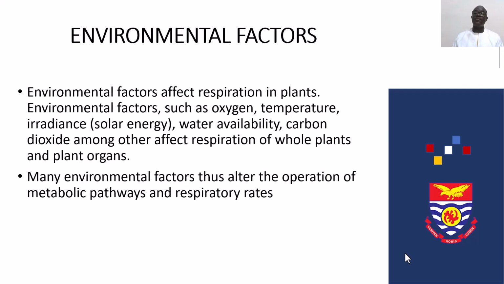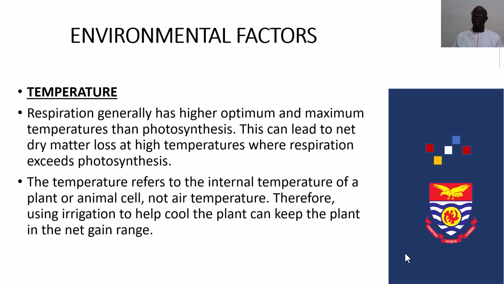Environmental factors affect respiration in plants. Environmental factors such as oxygen, temperature, irradiance, that's solar energy, water availability, carbon dioxide, among others, affect respiration of whole plants and plant organs. Many environmental factors thus alter the operation of metabolic pathways and respiratory rates. Temperature. Respiration generally has higher optimum and maximum temperatures than photosynthesis.